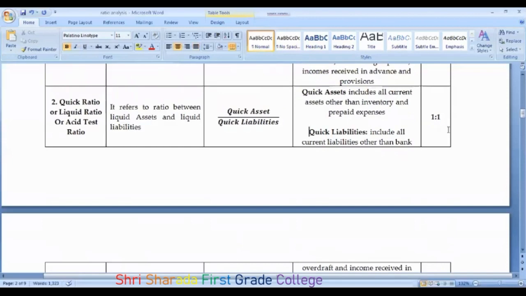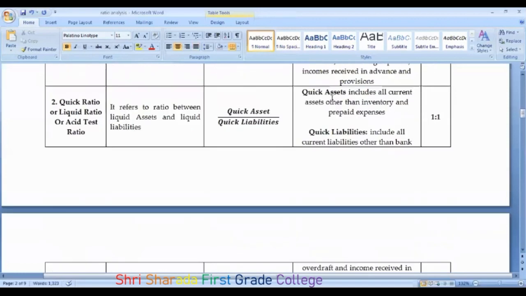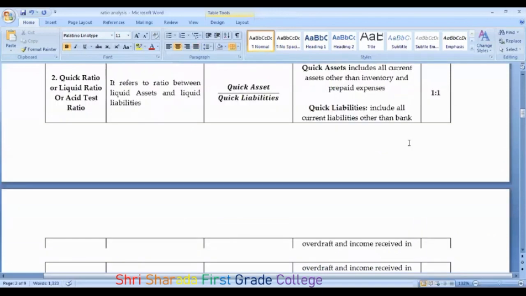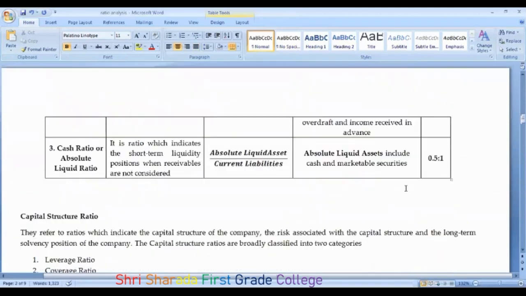The ideal ratio is 1:1, which shows how the financial soundness of a business concern will be analyzed here. Quick assets include all the current assets other than the stock and the prepaid expenses. Quick liability includes all the current liability other than the bank overdraft and the income received in advance.